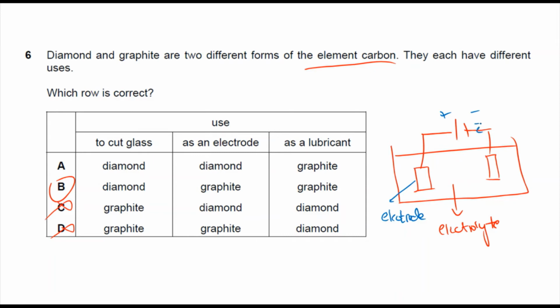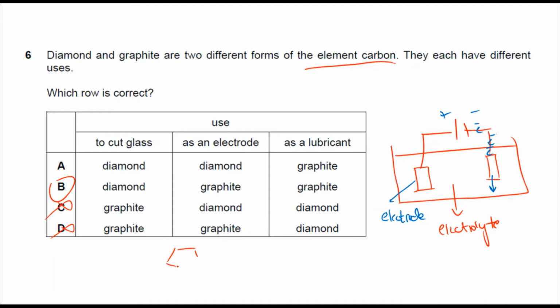Electrons flow from here, and so the electrode conducts the electricity coming in here and carries it towards the electrolyte. So tell me, does diamond conduct electricity? No. Does graphite conduct electricity? Yes. And as a lubricant, well, graphite is used as a lubricant.